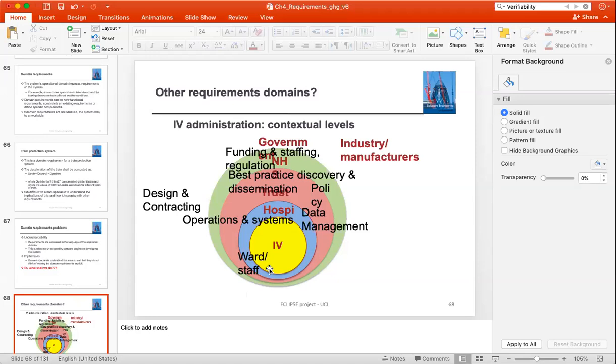Although we have some technical domain requirements, some can actually come from outside, for example, a hospital policy on record retention, or how medications should be stored and handled. So it's about being aware of the contextual levels surrounding your particular system, and remembering the need to understand some of these in some depth.